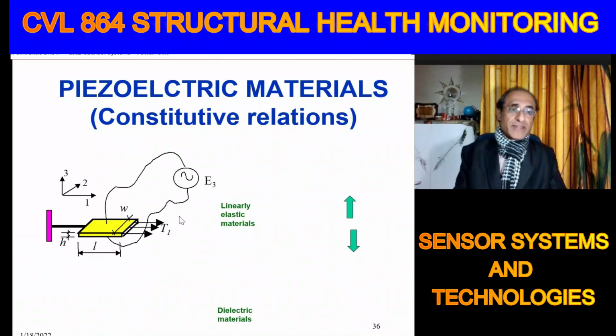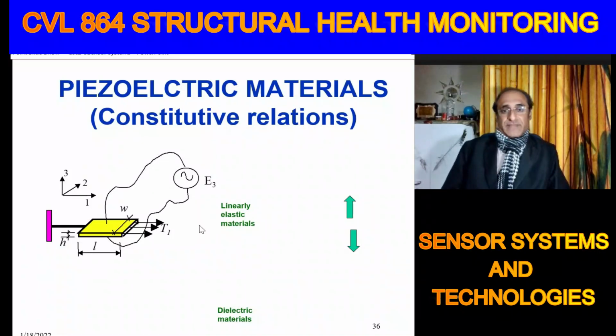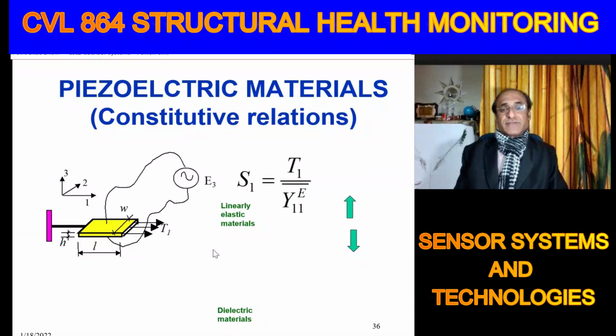Though in actual practice it may happen that we are applying stress only and no external electric field, or vice versa. But for the sake of complete understanding, let's do this. Then what will happen? It is just like any ordinary linearly elastic material; it exhibits stress-strain relationships, Hooke's law. So here we have the strain given by stress divided by the Young's modulus.